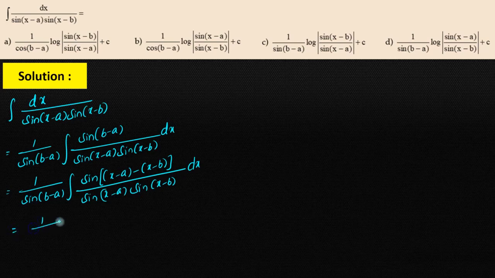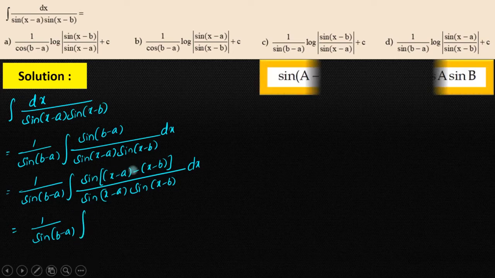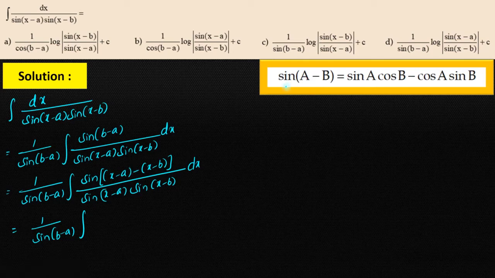This equals 1 by sin(b − a) into the integral, here it is in the form of sin(A − B). We know that sin(A − B) is equal to sin A cos B minus cos A sin B. Here A is x − a, B is x − b.